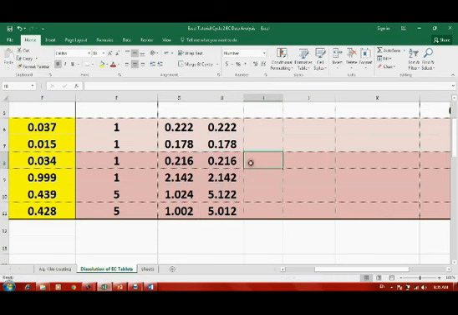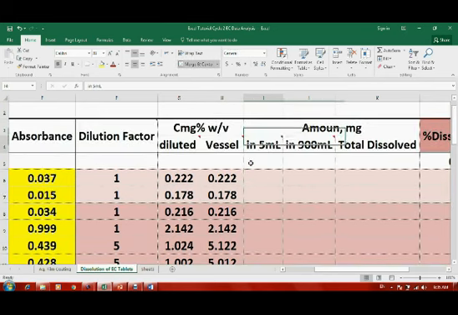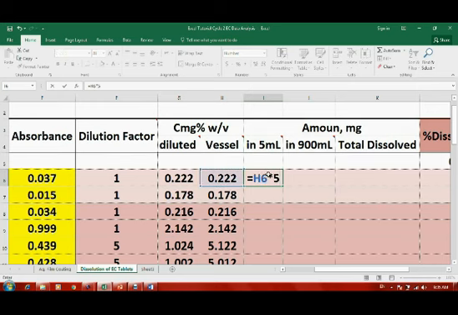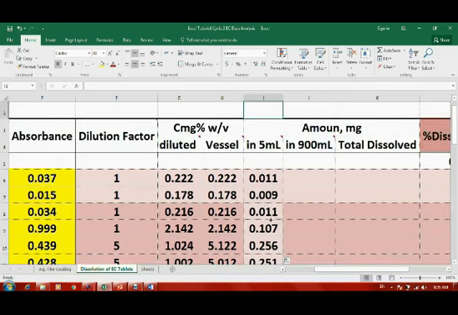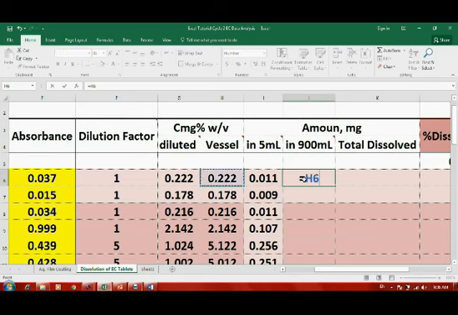Here we assume that the dilution factor will be equal to 1 when we didn't do any dilutions. Now, calculate the amount in the 5 ml sample, the sample size. Notice here that we will need this amount to calculate the total amount dissolved. And notice also that this can be changed to another sample size. If your sample size was higher or lower, please use the exact volume of your sample size in the calculations.